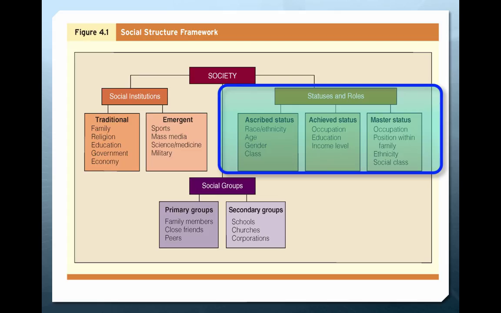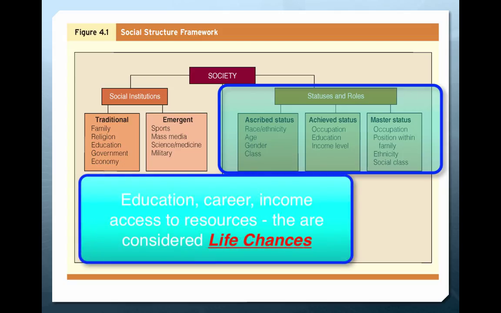And these opportunities would be described as life chances. Education is a life chance, career or job is a life chance, income, access to resources, these are all things that, if you have access to them, give you better opportunities, or life chances, to succeed in other elements of your life.